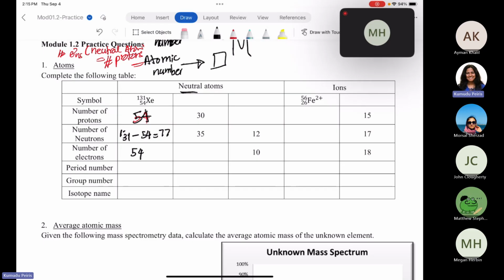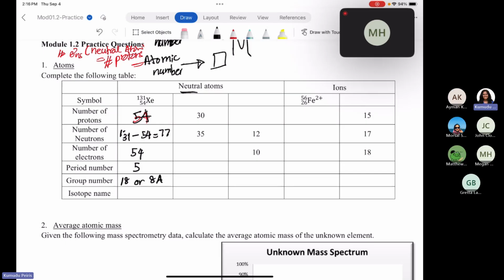Then you will find it is in period number 5 and the group number will be 18, 8A. It is given in the noble gases, inert gases column. So what is the isotope name? The isotope name will be xenon-131.